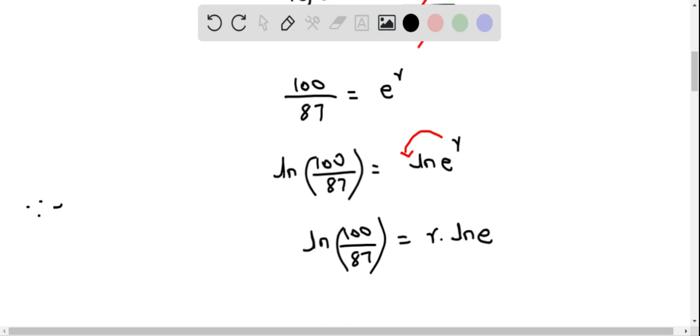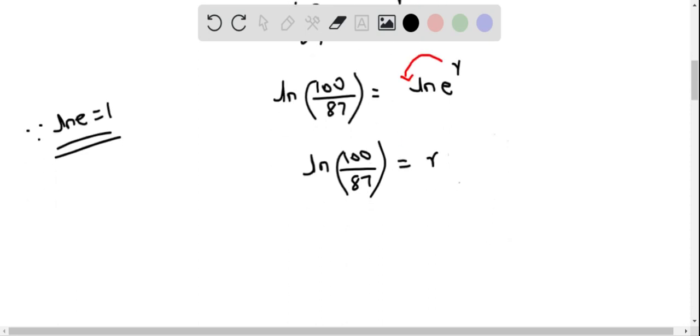Remember that the natural logarithm of e equals 1, so we can replace this quantity by 1. So r times 1 is just r. So basically we got this expression for r, that is the natural logarithm of 100 over 87.